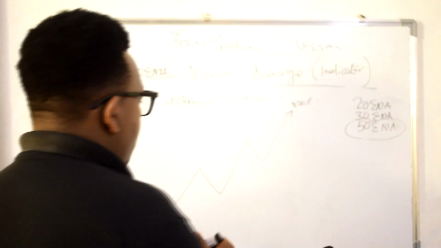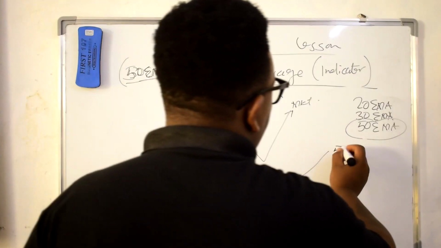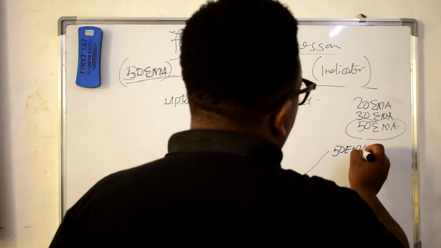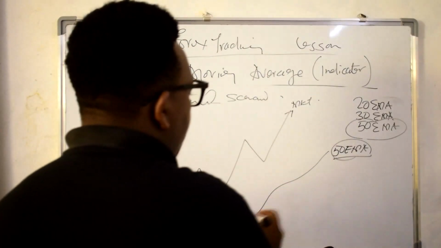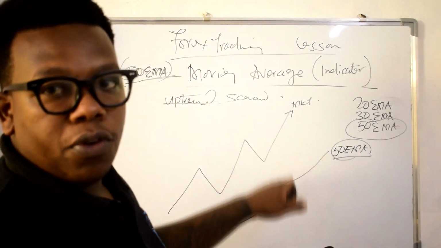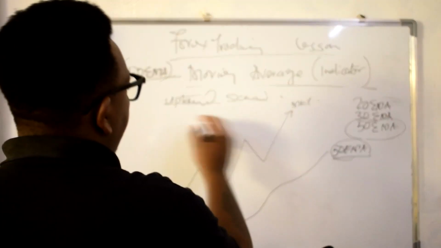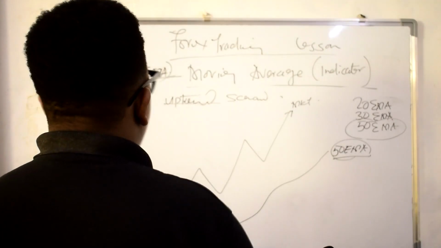So with the 50 EMA, for an uptrend, you'll notice that it's below the market, meaning we are on an uptrend. For the case of a downtrend, it is the opposite.